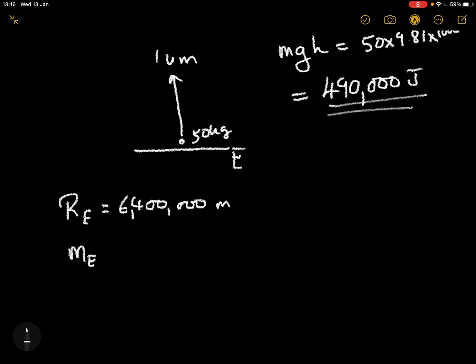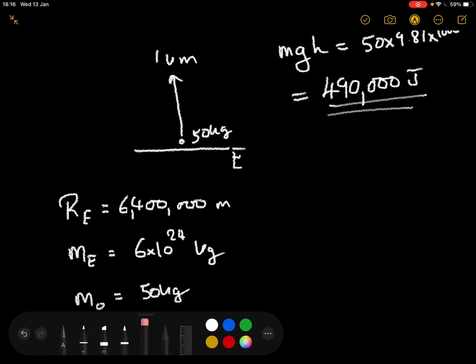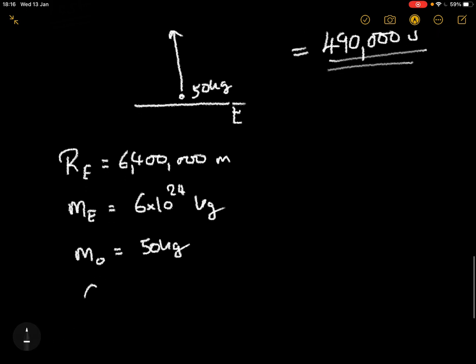The mass of the Earth is 6 times 10 to the 24 kilograms. The mass of the object is 50 kilograms. And Newton's gravitational constant, G, equals 6.67 times 10 to the minus 11.